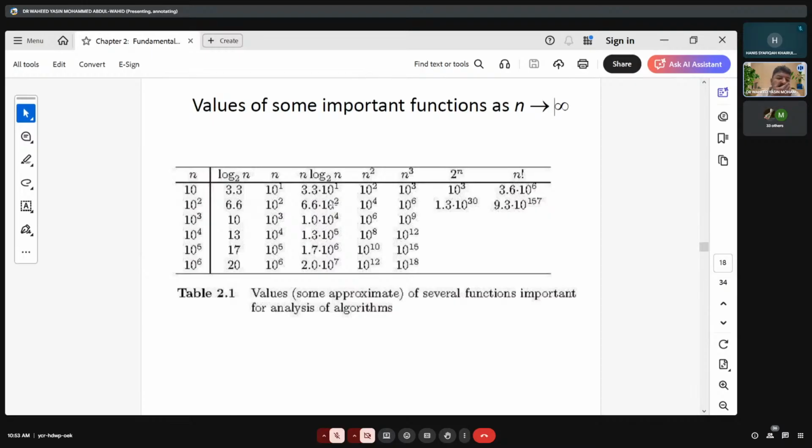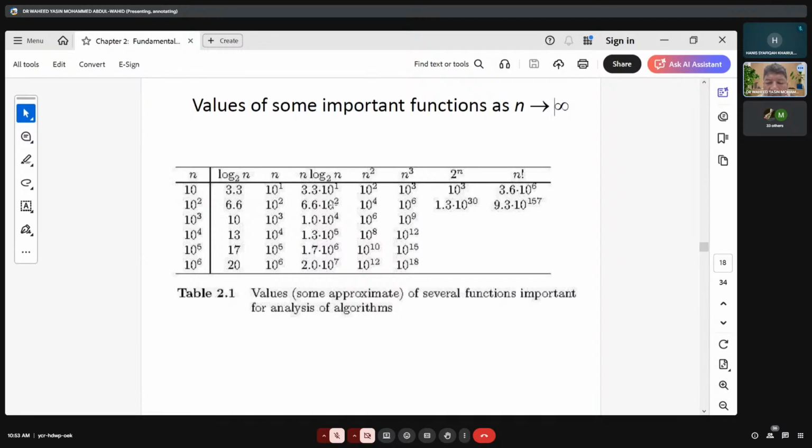So here, if n equals 10, 10 power 2, 10 power 3, what are the values? Binary log of n is 3.3 for n equal to 10. n log n is 3.3 times 10.